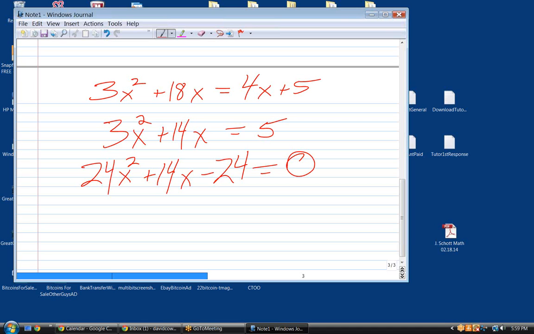I wouldn't know where to begin. However, one place I might begin is figuring out whether it has real solutions or not, because if it has imaginary solutions, I know I can't factor it, and I'll go immediately to the quadratic. So I can check the discriminant and see whether this even has real solutions.